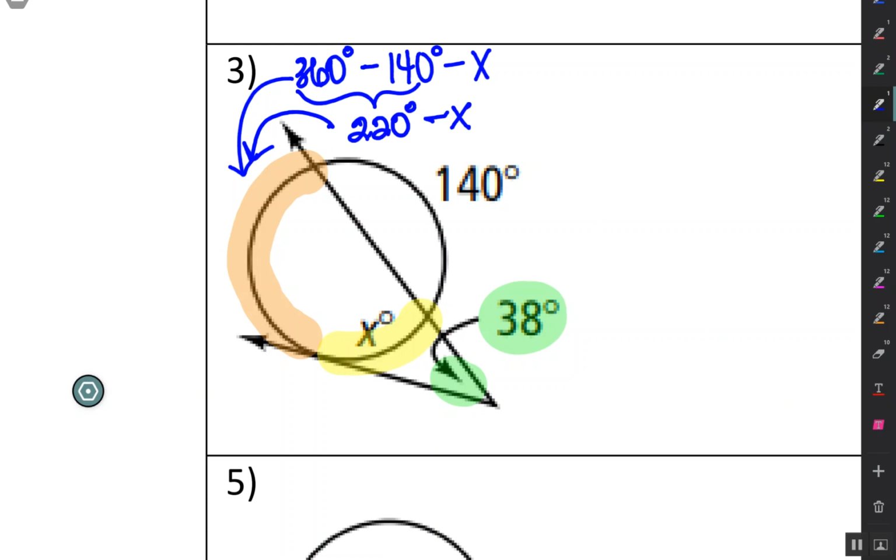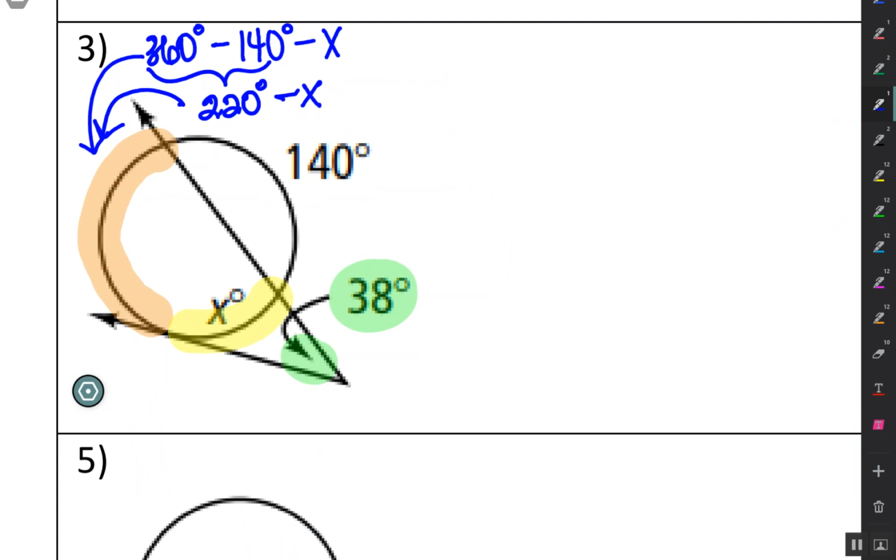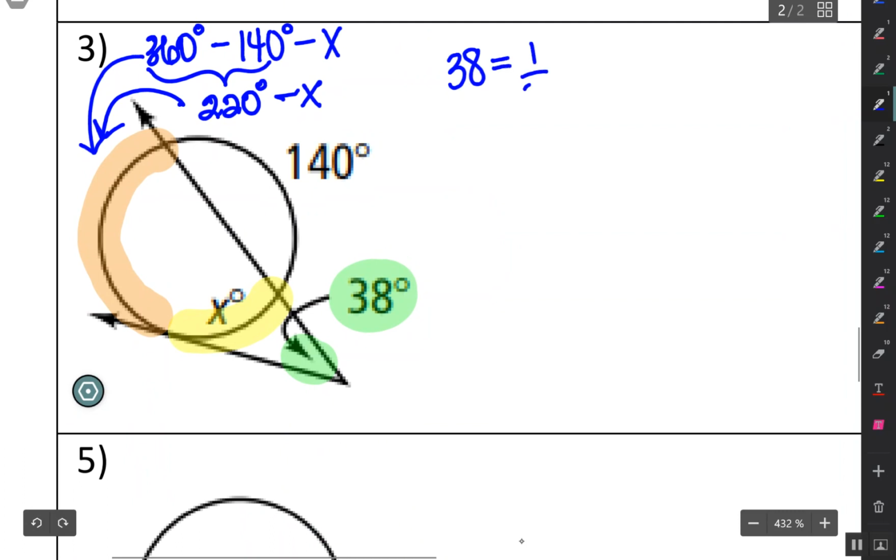So this one's a little bit more challenging than the last one, definitely. Okay, but stick to the formula. The angle, which is 38 degrees, is equal to half the big arc, which is, we now have an expression for that, 220 minus x, minus the little arc, which is x.